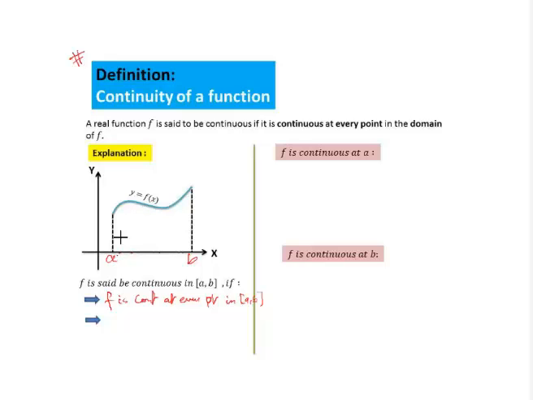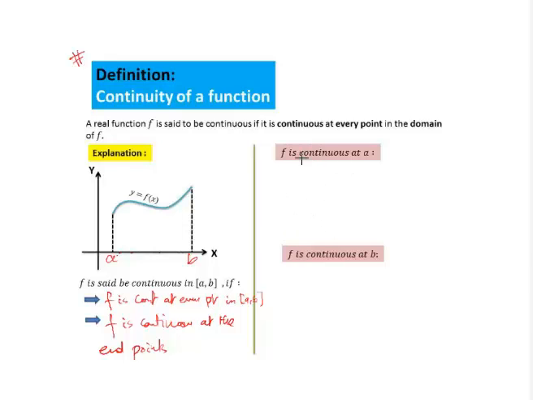The function f of x should be continuous at x equals a, and also at x equals b. If these two conditions are satisfied, we can say that the function is continuous.